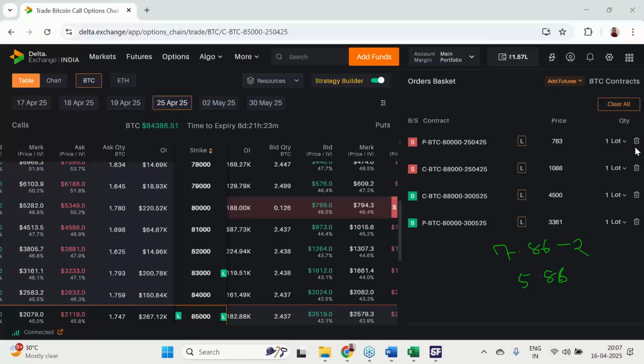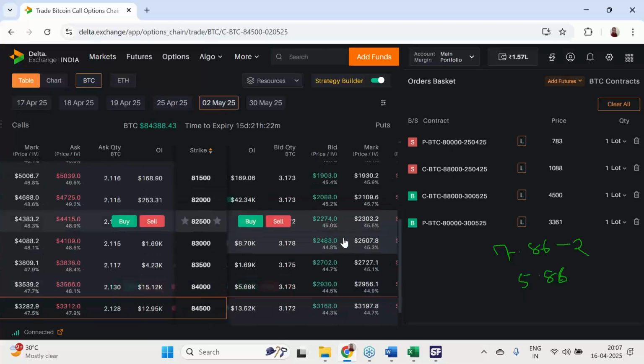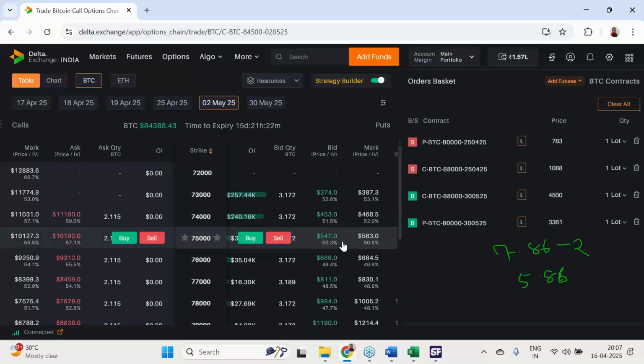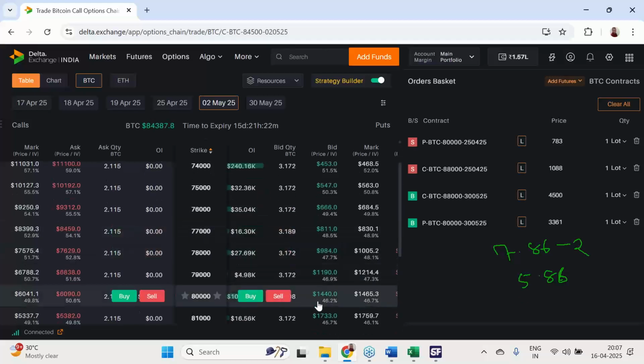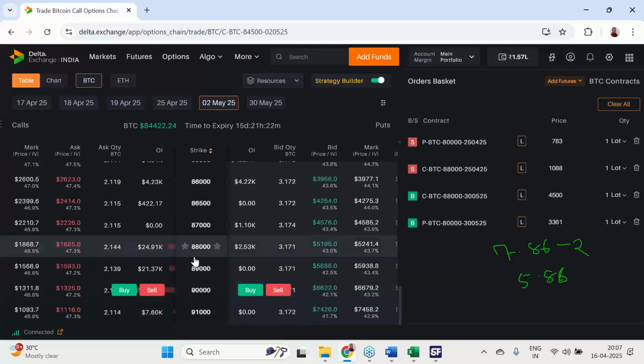Okay, 25th arrived. Then I will go to the 2nd May. I have weekly options again there. So once 25th comes, I will go to the 2nd May. On 2nd May, same thing, 80,000. Same price, I may be getting 700. Now it is 1,400. That time 700. So here again I will go to that same 88.